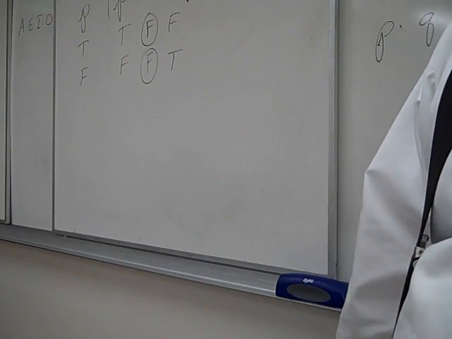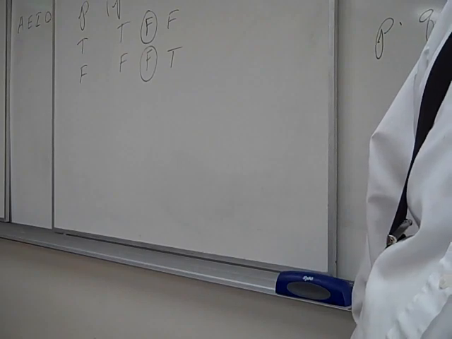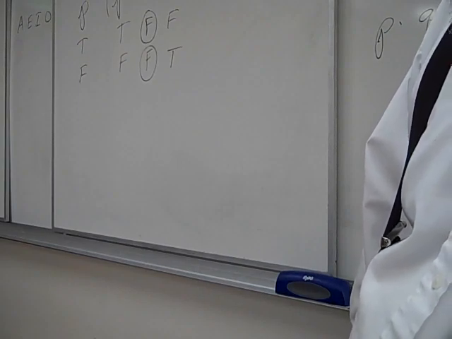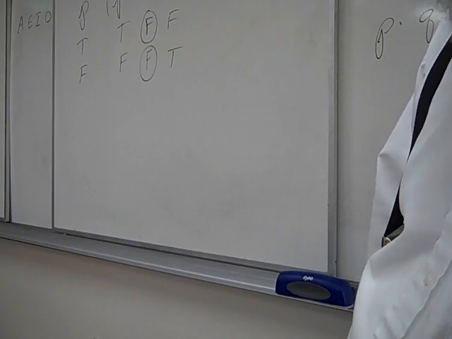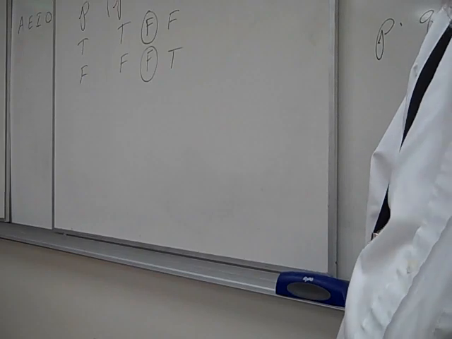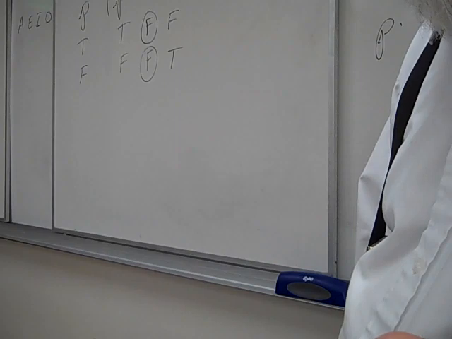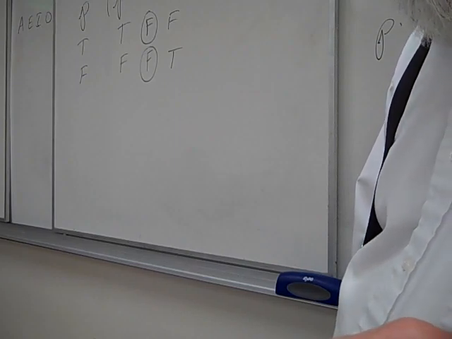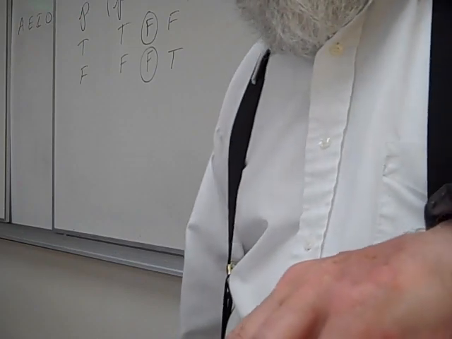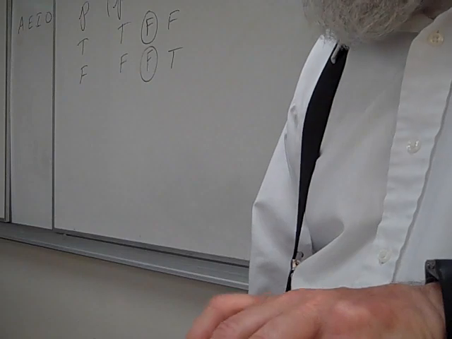When you look at the answer they give you, notice that for the truth table PQ that you see on the left, the main operator for the statement on the left is going to be false, true, true, true. And the main operator for the statement on the right is also false, true, true, true.